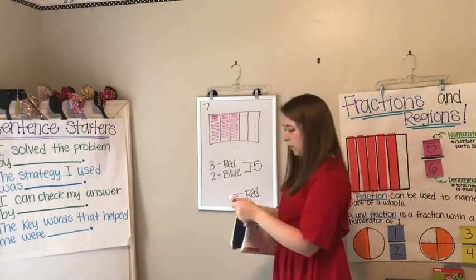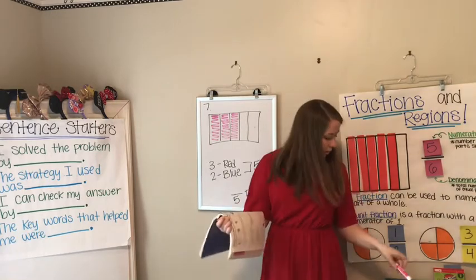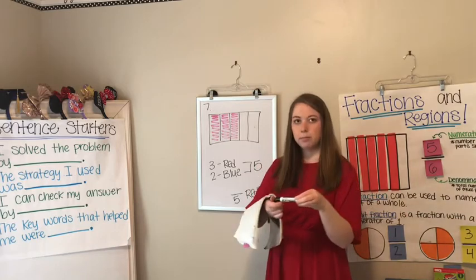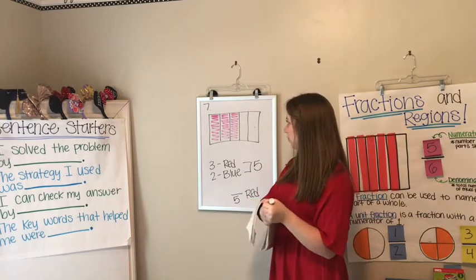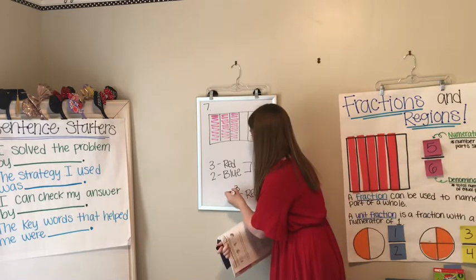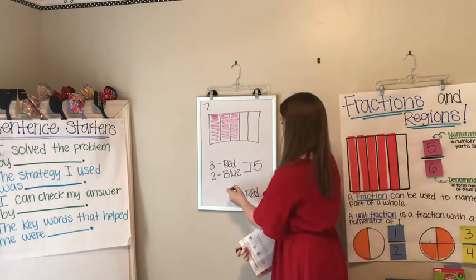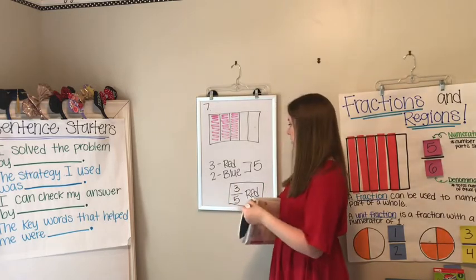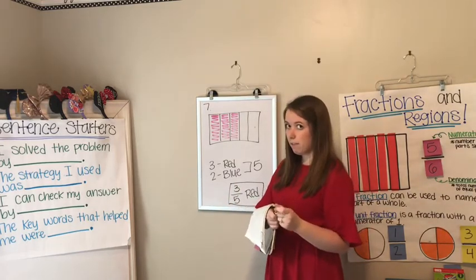All right. So then, by looking at our picture, what is our numerator? How many parts are shaded in? Yep, 3. All right, so for number 7, our fraction for the red portion of the rectangle is 3/5.